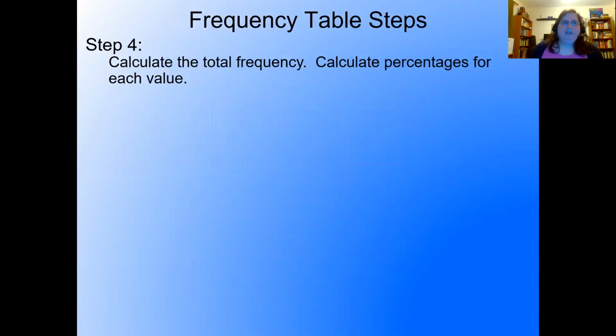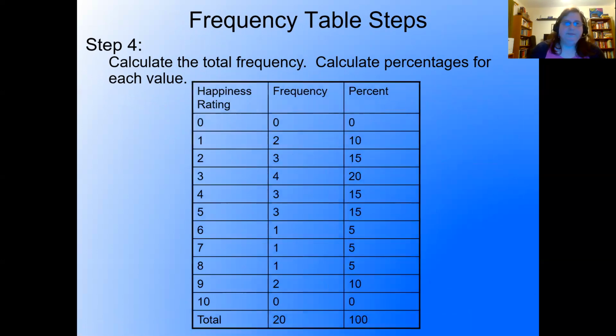Then we're going to calculate the total frequency and then percentages for each value. Okay. So how do we do this step? First of all, we add up all our frequencies and we get 20. Then to get the percent, let's start with this value right here, the happiness rating 1, frequency of 2. We would take 2 divided by 20.